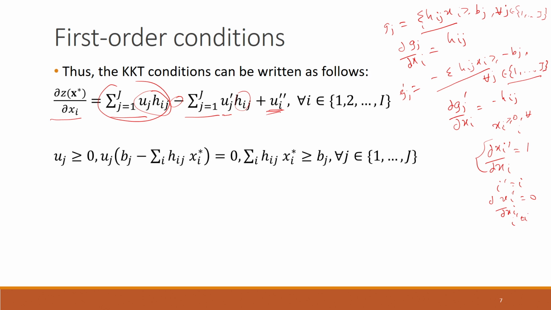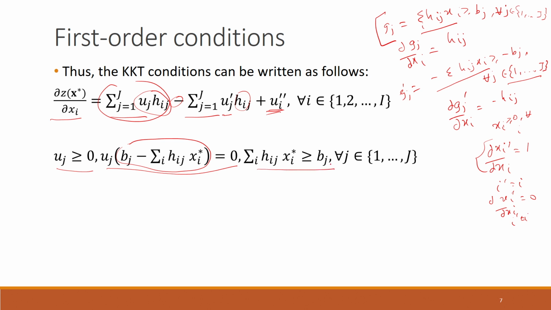Now for this set of constraints we have the conditions that uj should be greater than equal to 0, we already know this. Then we have the condition that if there is any non-binding constraint, that is bj minus summation hij xi star is not equal to 0, then uj should be forced to be 0. So that is why we have this constraint, and whatever solution we are getting, it should satisfy the constraints that we have.